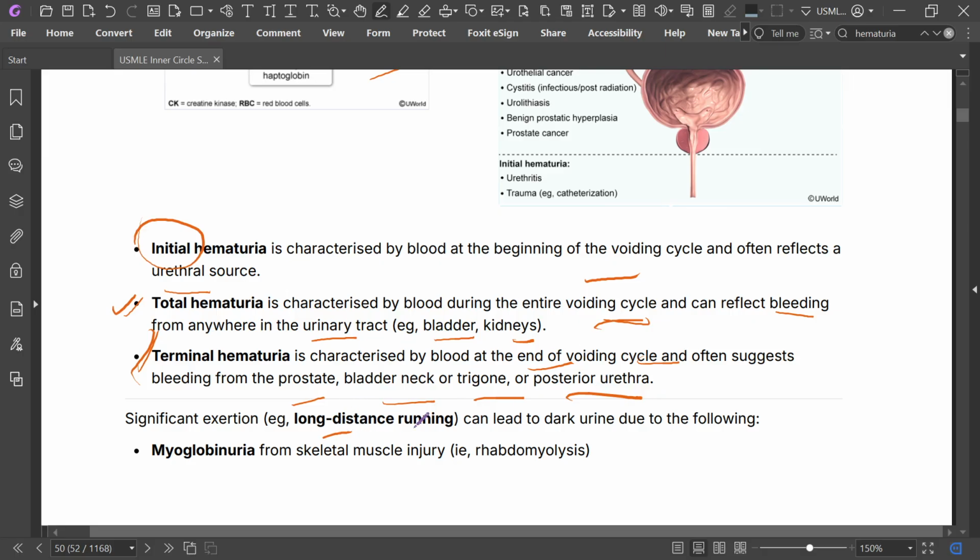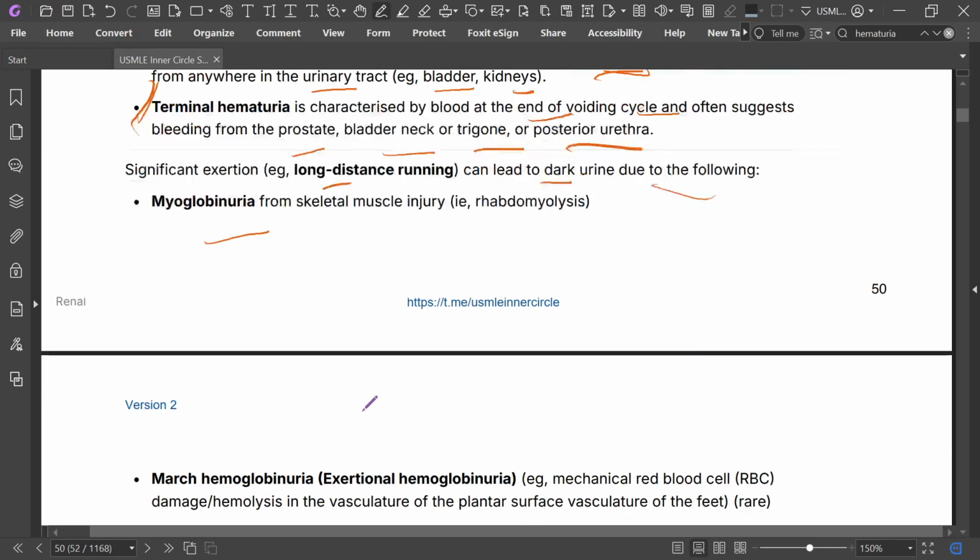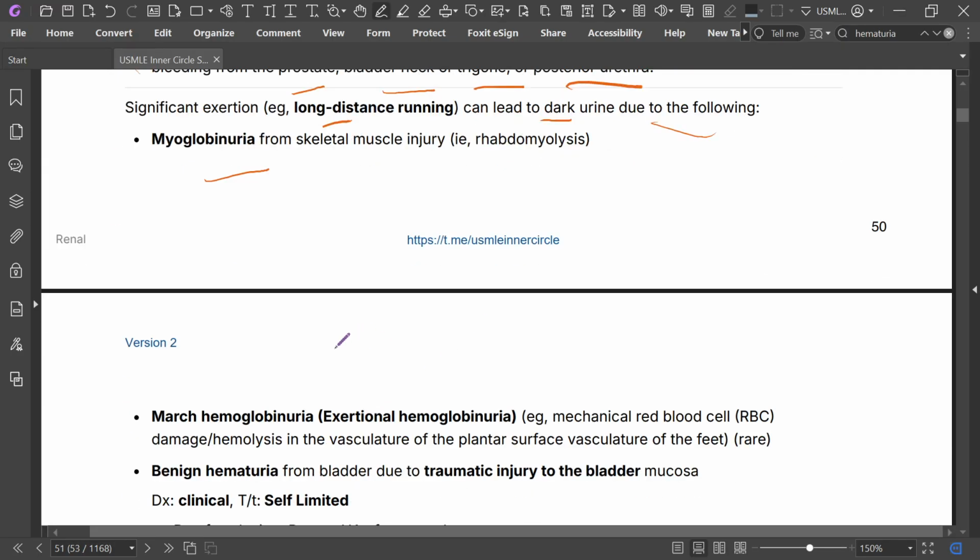Significant exertion, like long distance running, can lead to dark urine due to the following: myoglobinuria from skeletal muscle injury, rhabdomyolysis, and march hemoglobinuria.